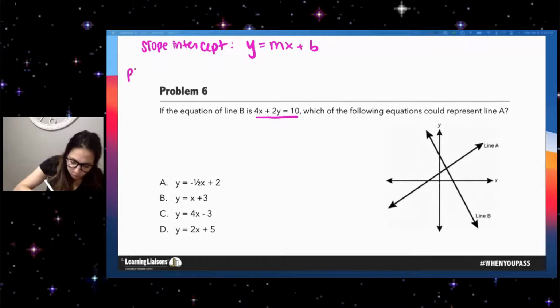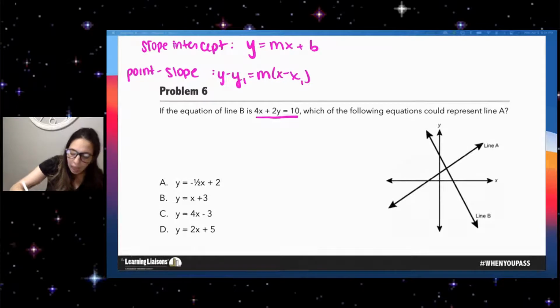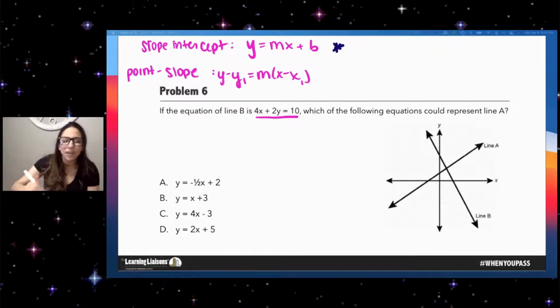Or we can use point slope form, which is y minus y1 equals m times x minus x1. 99% of the time, I'm going to resort to slope-intercept form because it gives me the most direct information. It gives me my slope, and it gives me my y-intercept.